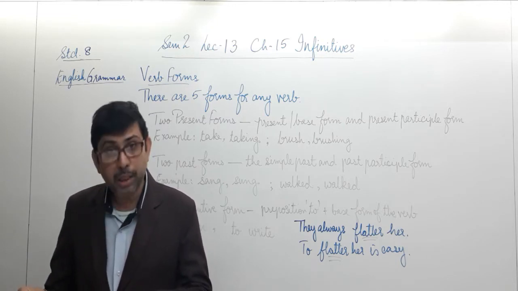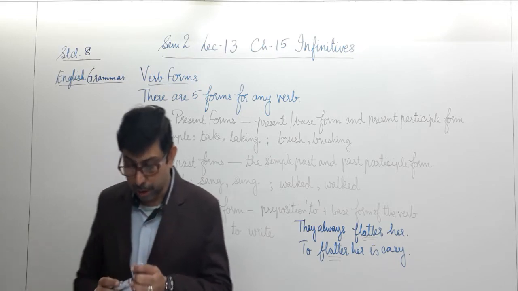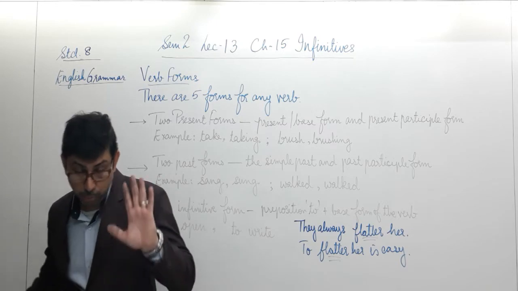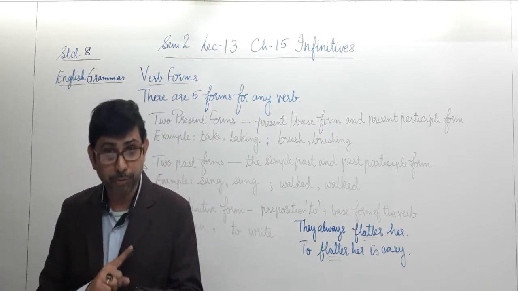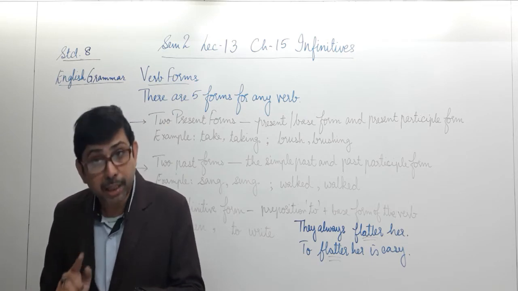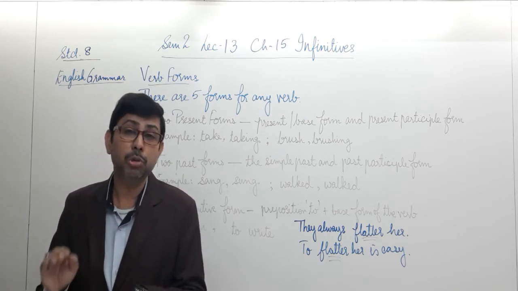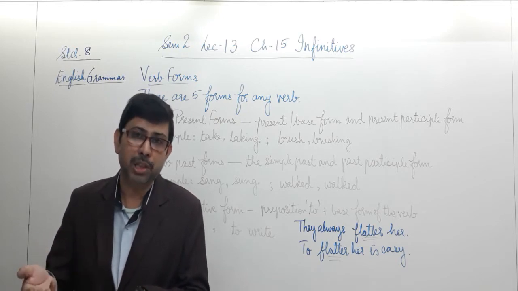Open your books to page 125. Keep it in your hand. The You Know section. Verbs have different forms. Well, I just mentioned verbs have 5 forms, such as infinitives, one form of the verb, the gerunds, the participles. We will be learning about gerunds and participle as a separate chapter in the upcoming chapter, chapter number 16.